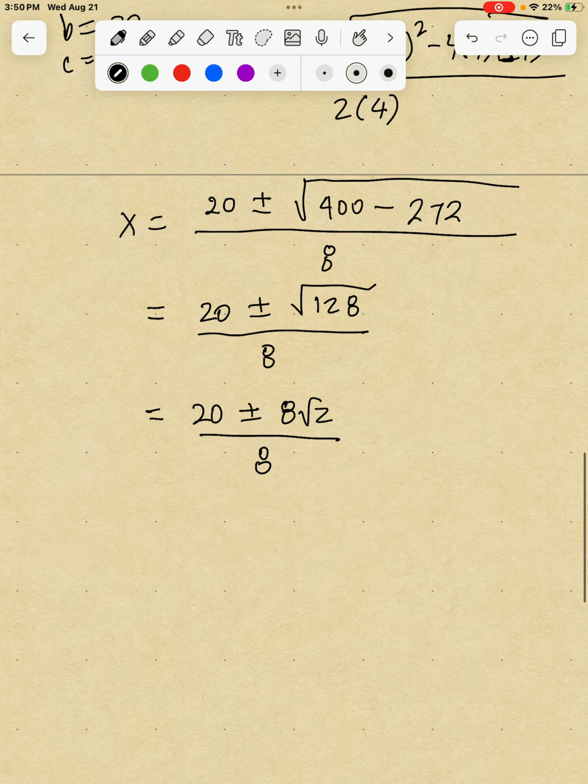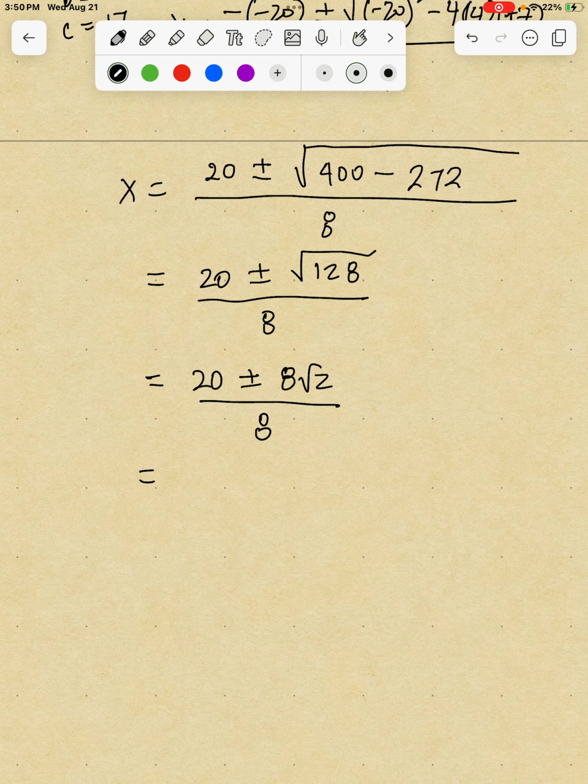And this is going to be, I have a common factor of 4, right? So I can factor out a 4. I get 5 plus or minus 2 root 2, all over 8.